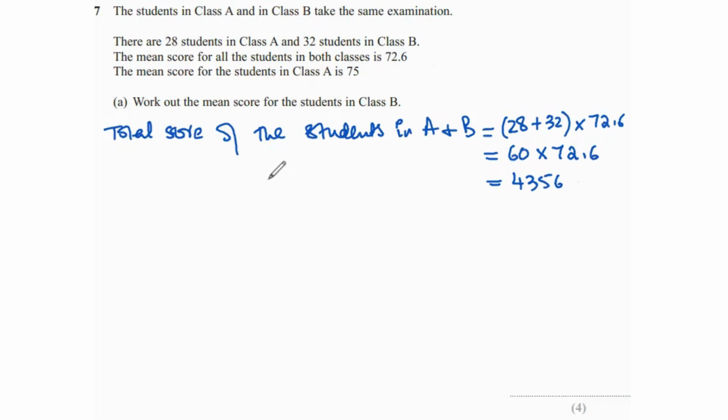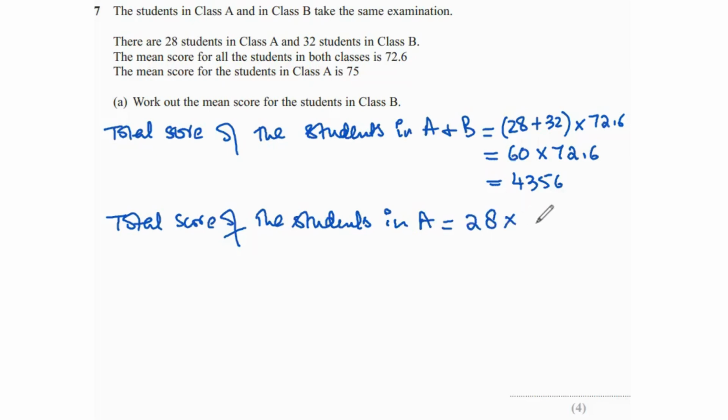That is the total score for students in class A and class B. Now, total score of the students in A. So that's going to be 28 times the mean score, which is 75. 28 times 75, that's 2,100.